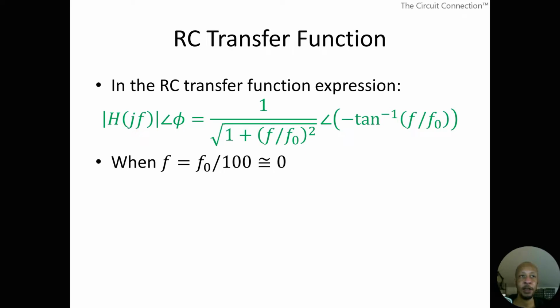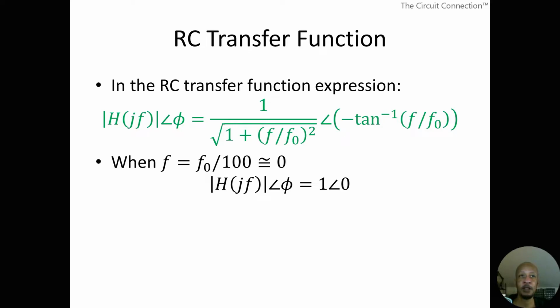But again, that could vary for you if you have different values for R and C. But at the very least, it's at your lower limit of what you're evaluating. So that's going to give you, regardless of where it's at, a magnitude of 1 at an angle of 0 degrees.